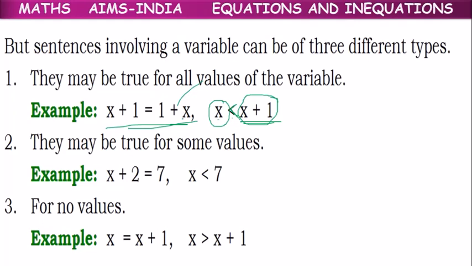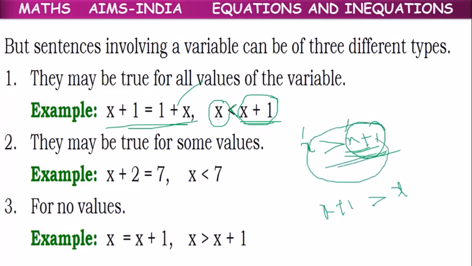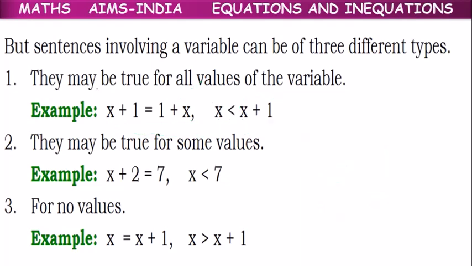Suppose x is greater than x plus 1, which is not possible, because here also x is there. If we add x to 1, x plus 1 will always be greater than x. But x greater than x plus 1 is not possible. So x will always be less than x plus 1. Until this condition is satisfied, this will always be true. So sentences involving a variable may be true for all values of the variable.